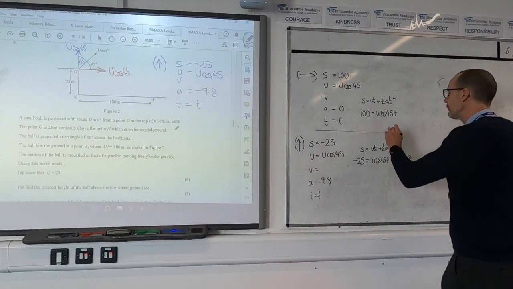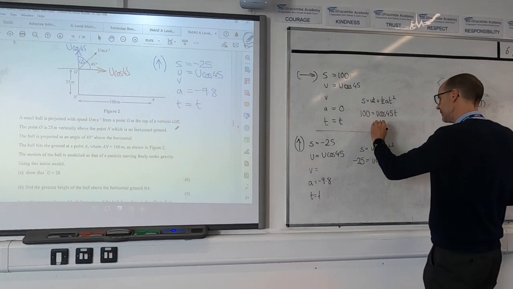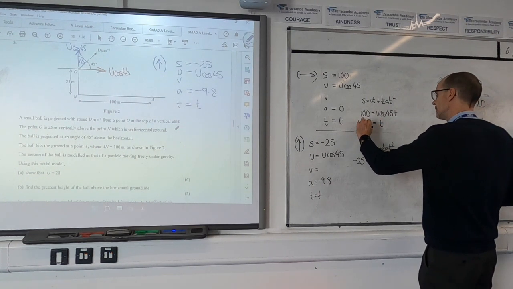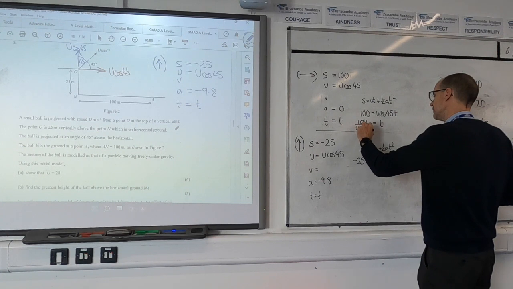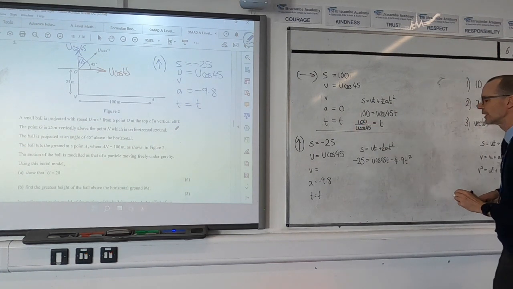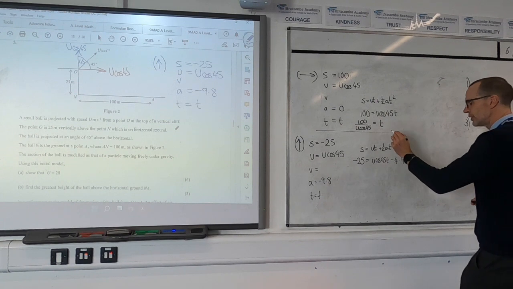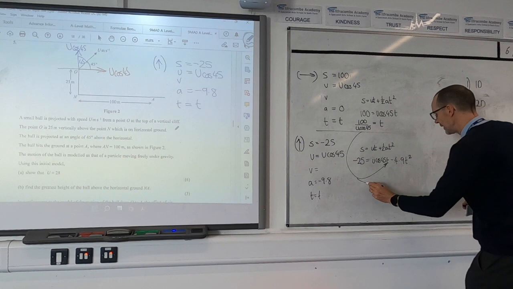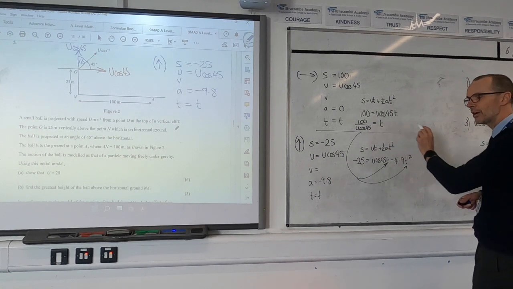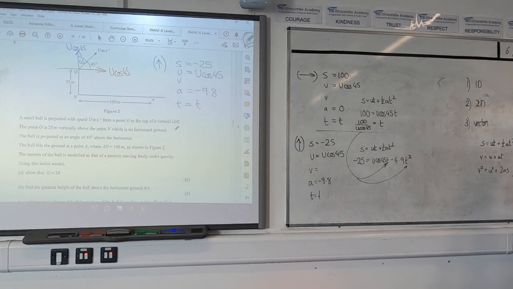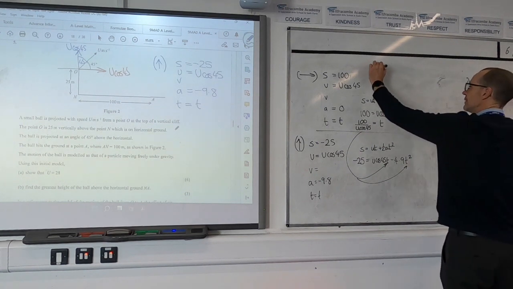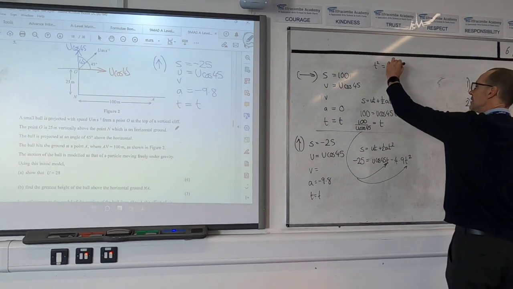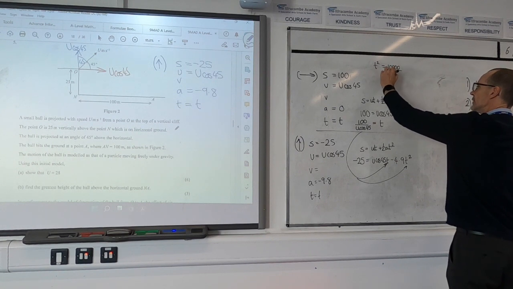So I'm going to rewrite this as t equals 100 over u cos 45, and I'm going to substitute that into this equation. So I'm going to put it in here, and in here, remembering that I've got to square it, and t squared will be 100 squared over u squared times cos 45 squared.